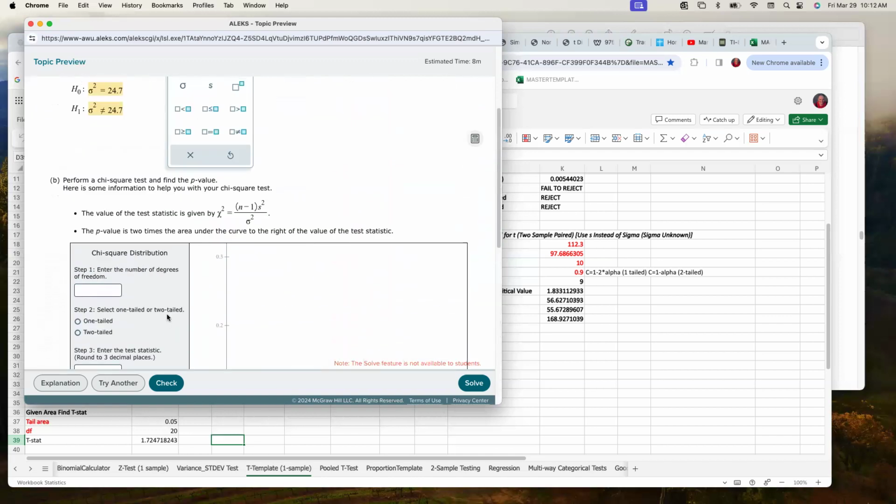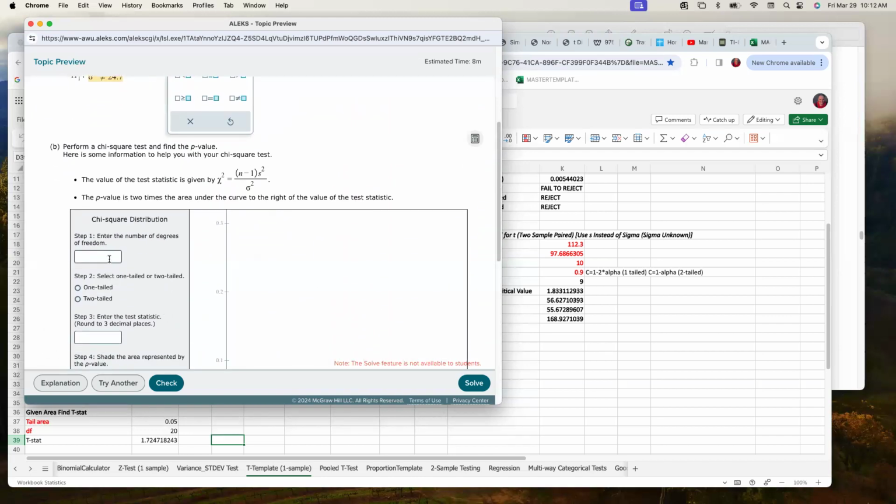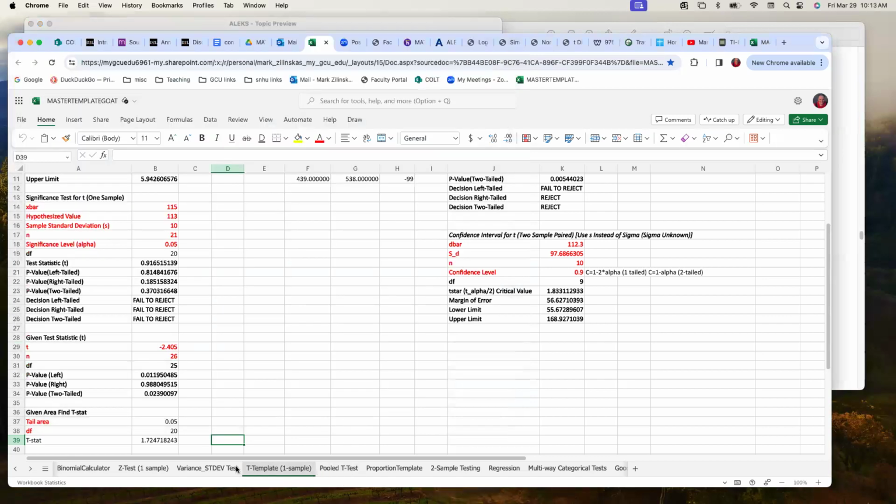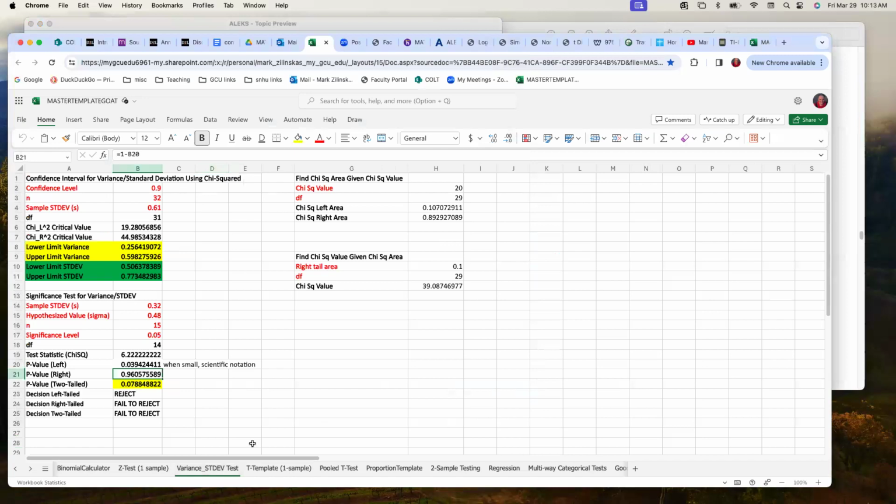So we are selecting enter the number of degrees of freedom. Let me just come down here and show you. Obviously I'm not collecting the T template now. It is now on the variance and standard deviation test. Up here is the confidence interval deal, and we're going to go here with the sample standard deviation.